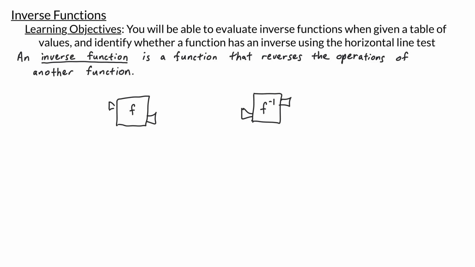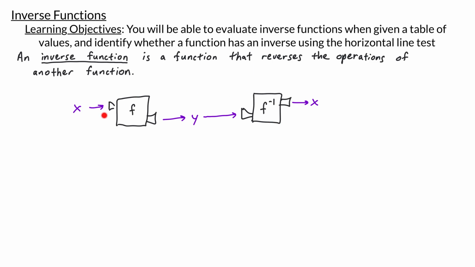Whenever we plug in any input into the f function, the f function will perform some operations on that input and give us some output, which we'll label y. Now the inverse function is supposed to undo those operations. So if we take y and plug it into the inverse function, it will undo all of those operations and give us back what we started. It should give us back the original input x.